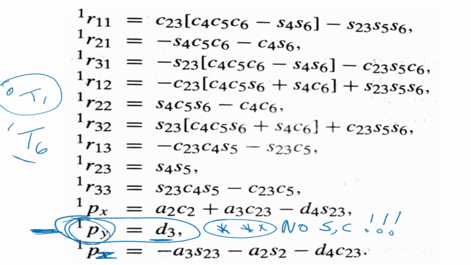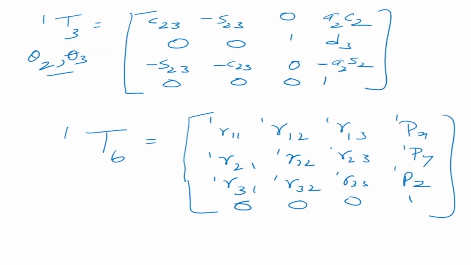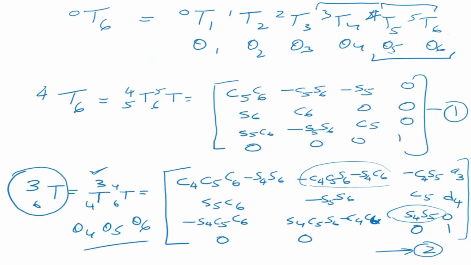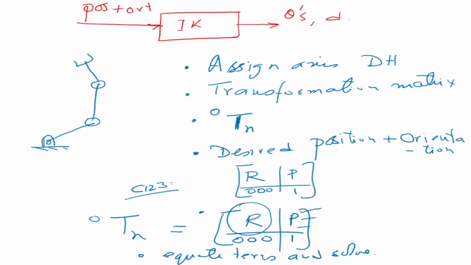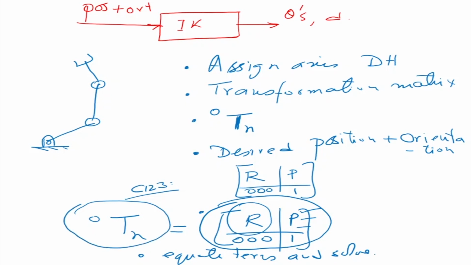So let's look a little bit into why we were able to solve for this manipulator system, and try to understand what was the basic logic that was used. When we are trying to solve, we basically solve the desired position and orientation of the end effector, T0 to n.